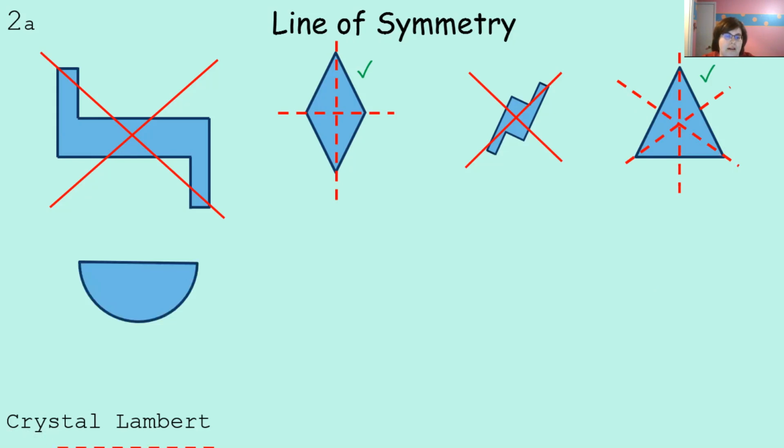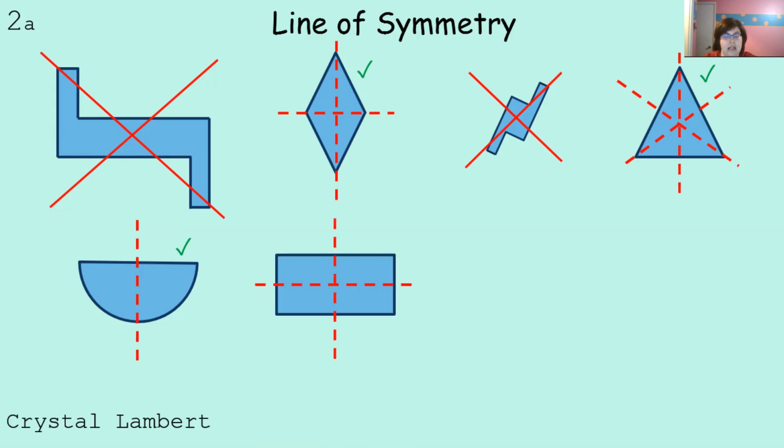What about here? We're going to do it long ways. No, that doesn't work. What about now? Yes, that works. So we have one line of symmetry, therefore it is symmetrical. What about a rectangle? We did it long ways and up and down, so horizontal and vertical.